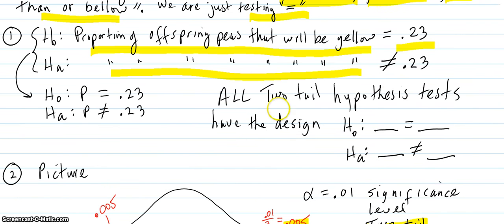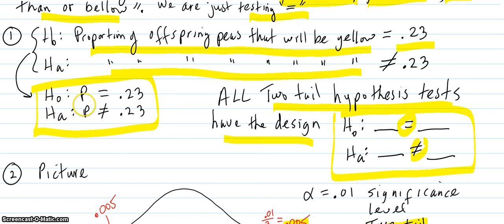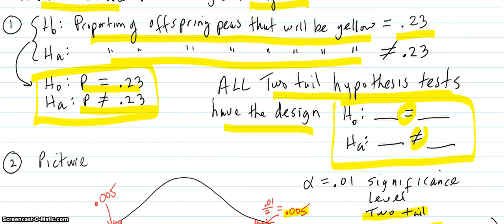All two-tailed tests that we're going to have in the class always have this design right here. The H0 gets the equals, and the alternate has the not equals. So then you boil your hypothesis setup down into a simple notation here. Null hypothesis, p is 0.23, and for the alternate, p is not 0.23.